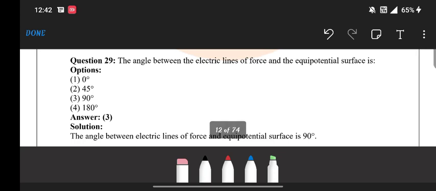Next question, question number 29. The angle between the electric lines of force and the equipotential surface is, what? Is it 0 degree, 45 degree, 90 degree, or 180 degree?